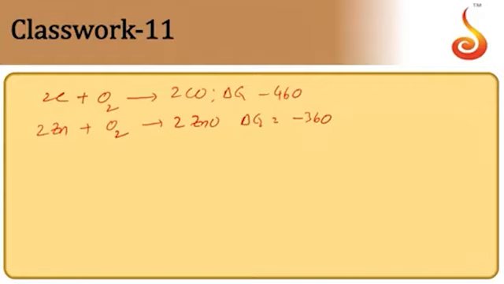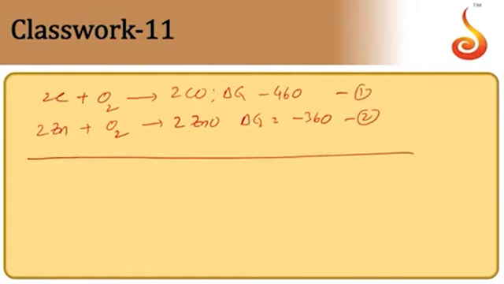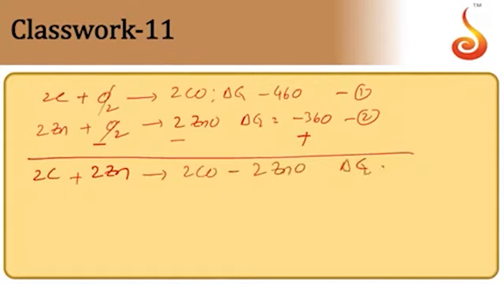We are now doing equation 1 minus equation 2, changing sign here. So if we cancel, it will be 2C plus 2ZnO, O2 gets cancelled, giving rise to 2CO plus 2Zn, and delta G value will be positive in this case.